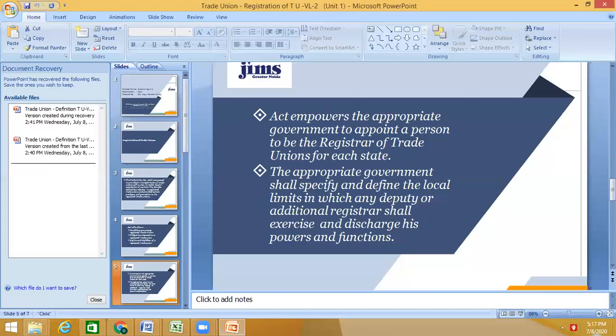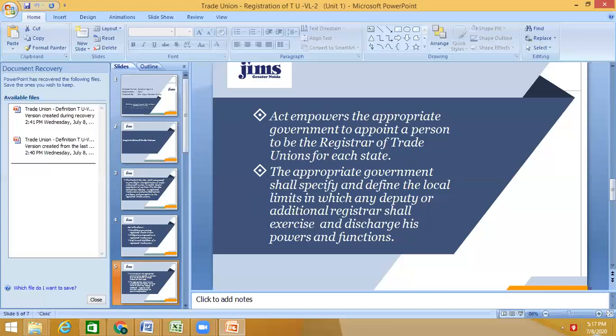So the government will just define the limits where these additional or deputy registrars would be operating and what powers and functions they would exercise.